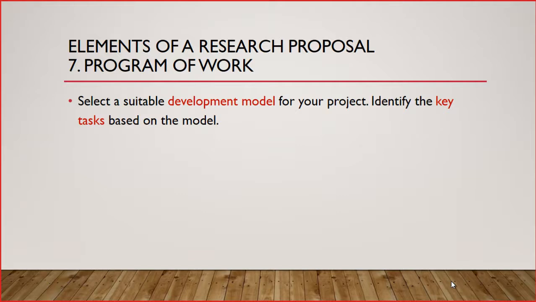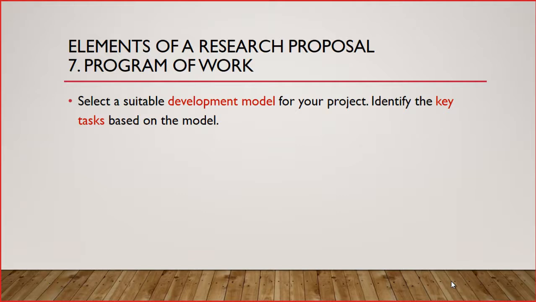When I say development model, this is the model that we use in the development, such as the waterfall model, rapid application development, agile, and some other models. So you need to select a suitable model.